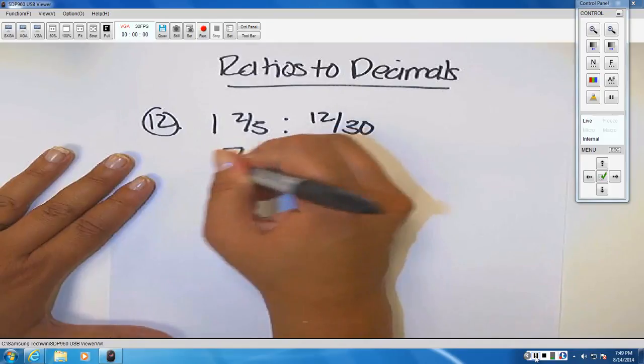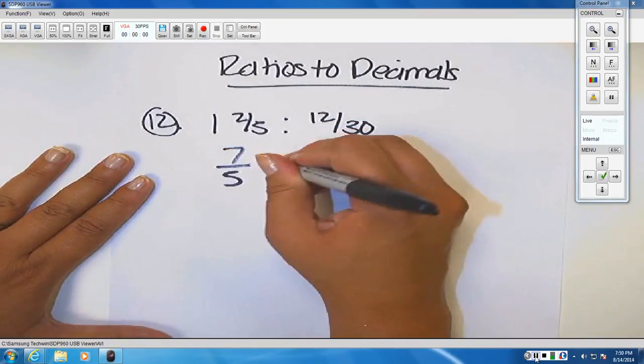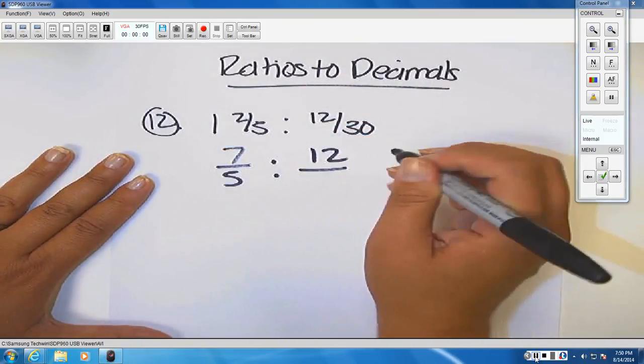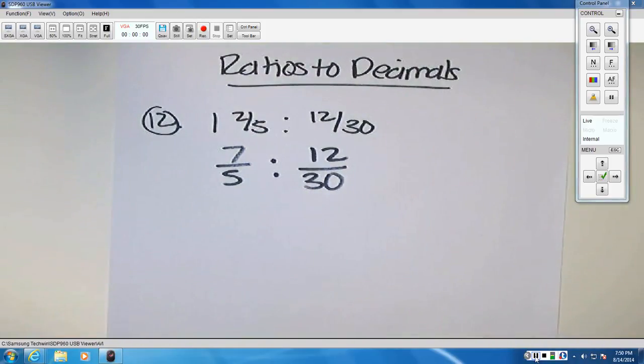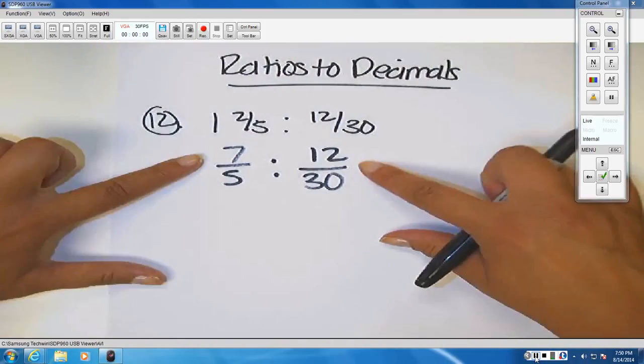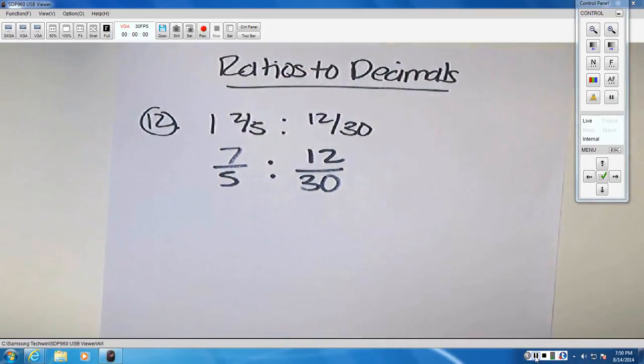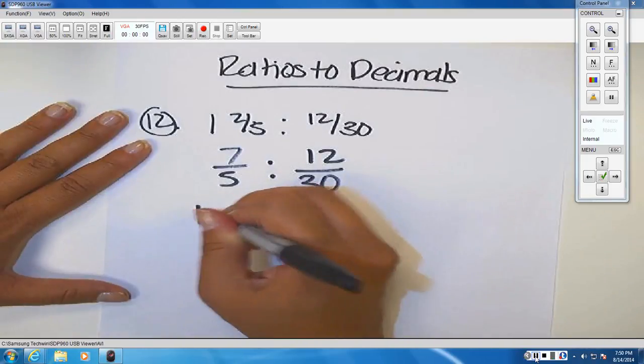So we end up with 7/5 is to 12/30. Okay? So now we're left with that. Again, we're going to turn these fractions into decimals. We do that by taking 7 divided by 5, and that ends up with 1.4.